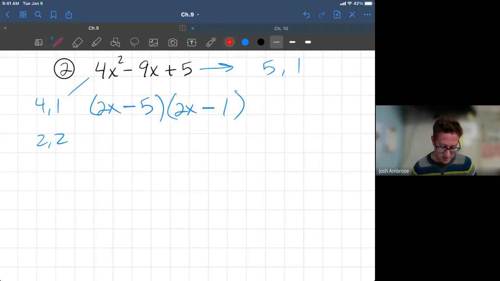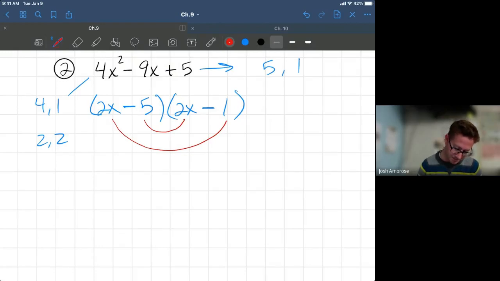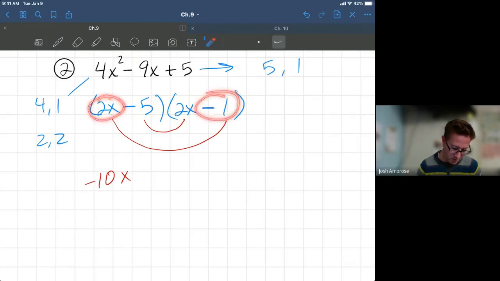Every answer must be checked. Make our double smiley face right here. Check it out. A negative 5 and a positive 2x make a negative 10x. Then a 2x and a negative 1 make a negative 2x.